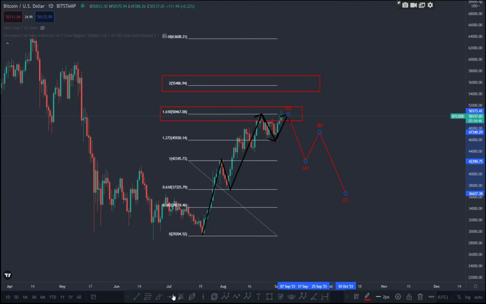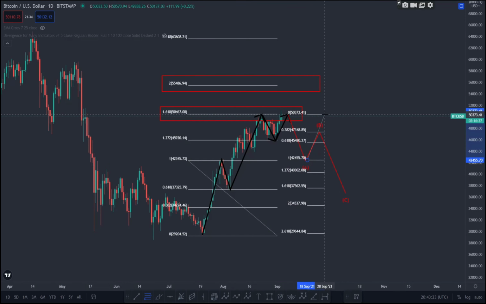So how would we know where to go? Well, we first need to wait until this wave ends. But you can use your resistance lines and support lines to guesstimate where the price will land, okay?